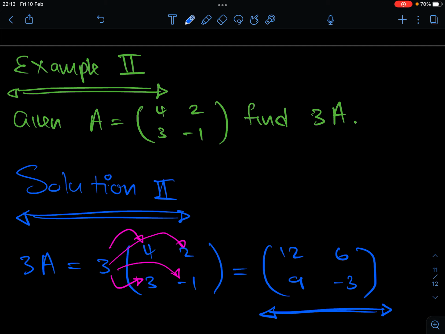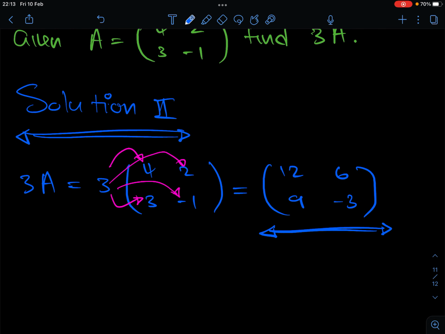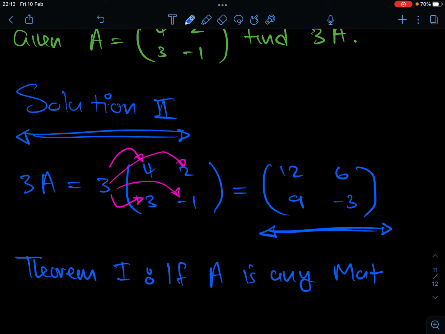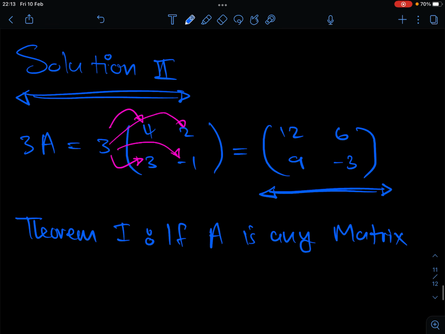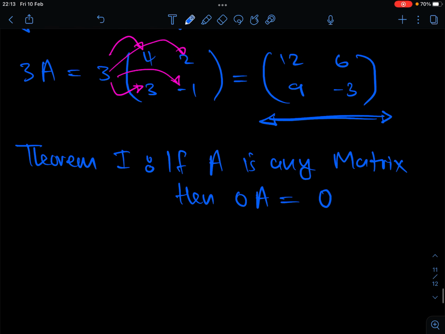One of the things that you should know is this result: if A is any matrix, then 0 times A is a zero matrix. The zero matrix that we talked about is usually denoted by the big O that you see there.